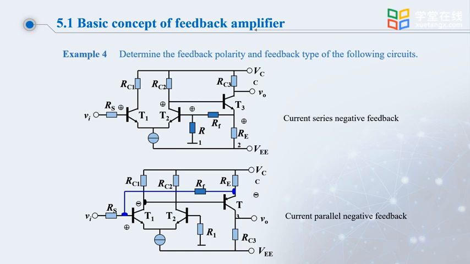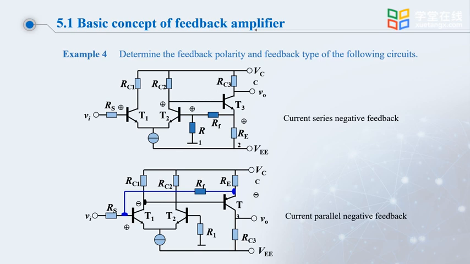It seems like instantaneous positive from the base of T1 to the collector of T2. The collector of T1 is instantaneous negative, but when it comes to T2, the polarity is opposite, so it becomes instantaneous positive.